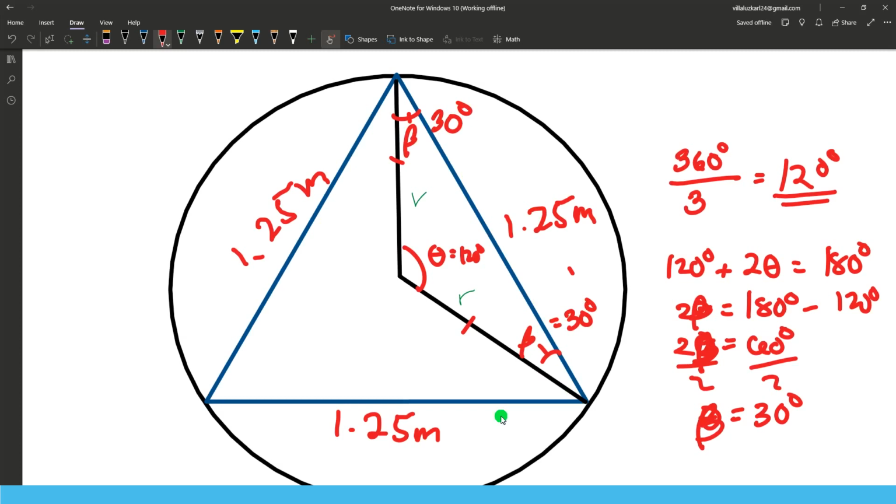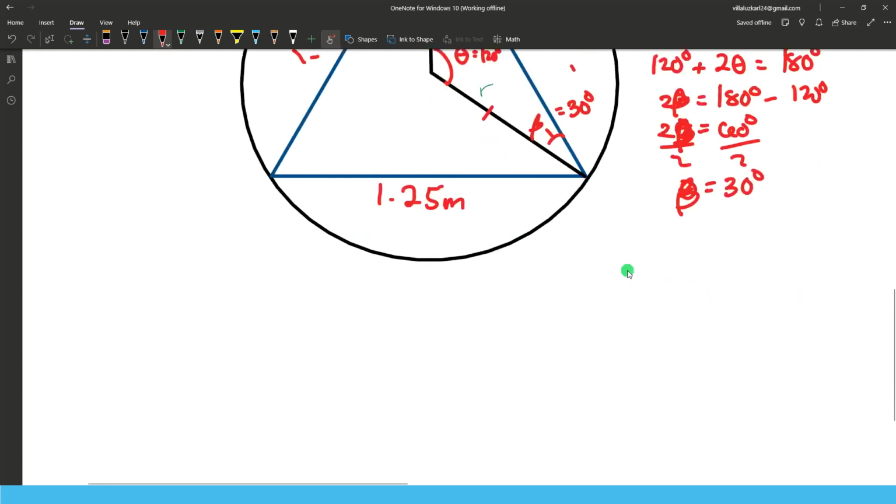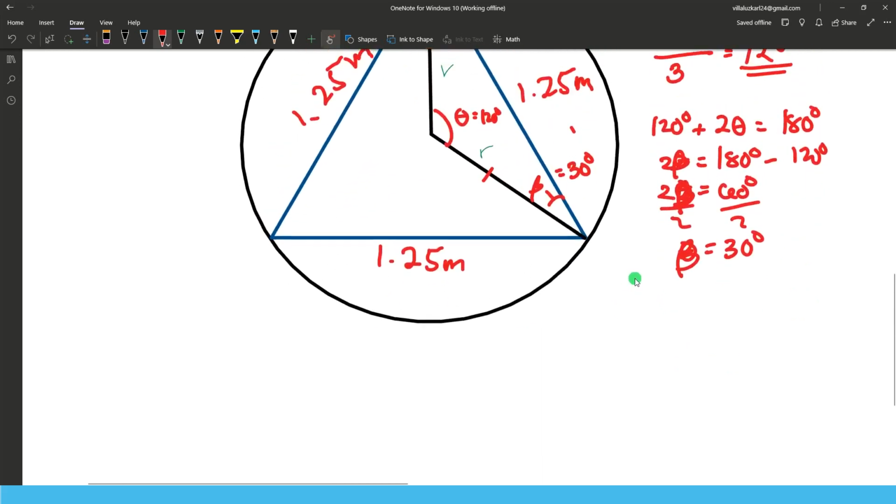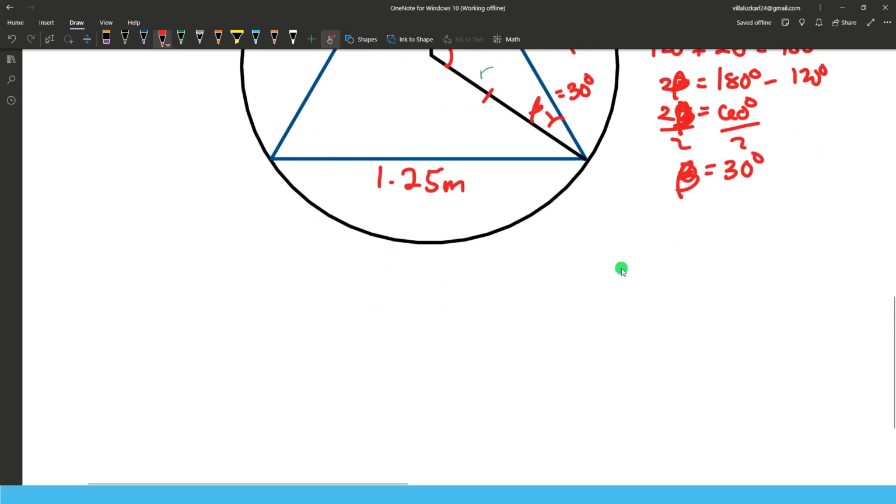Let's redraw the triangle: 120 degrees, 30 degrees, 30 degrees, and this side 1.25.